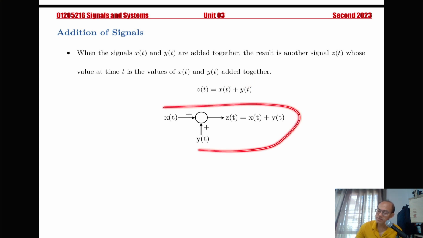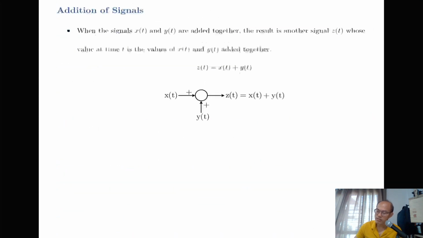And this is the diagram that we use for adding the signals. We usually use a circle symbol to mean that the signals x and y are added.